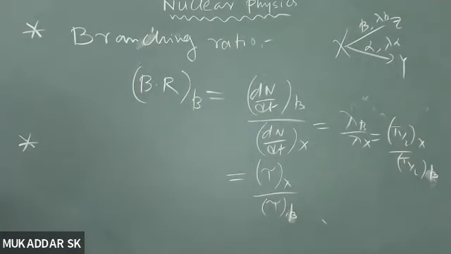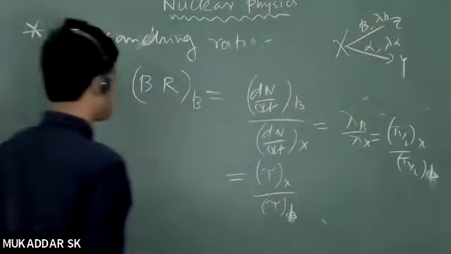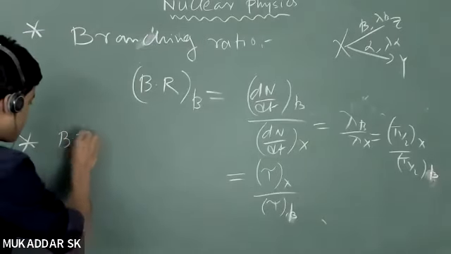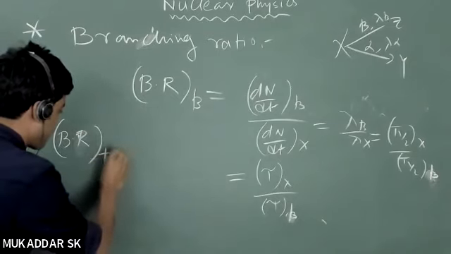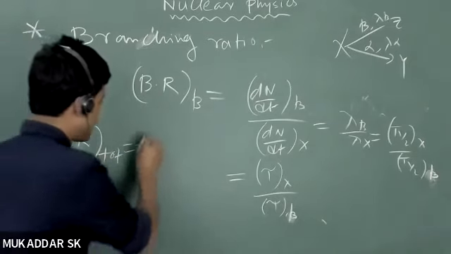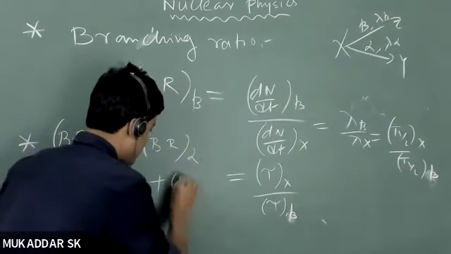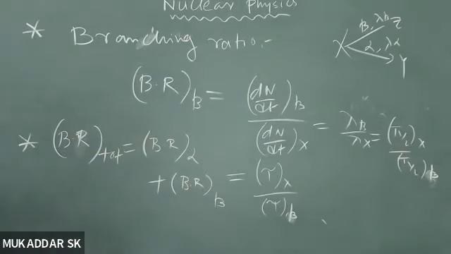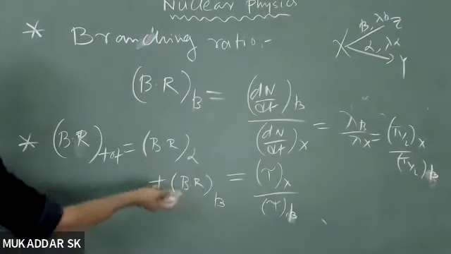Okay? Now how many branchings do you have in total? You have 2 branchings, alpha and beta. So what will the total branching ratio be? That will be the branching ratio in alpha plus the branching ratio in beta, because we have assumed only 2 decay channels, alpha and beta.